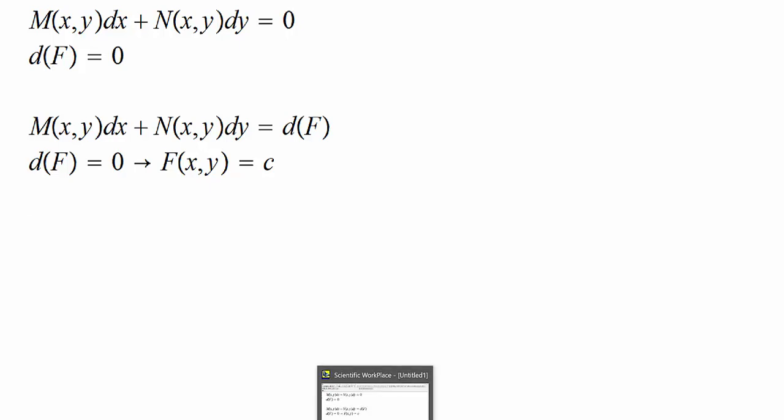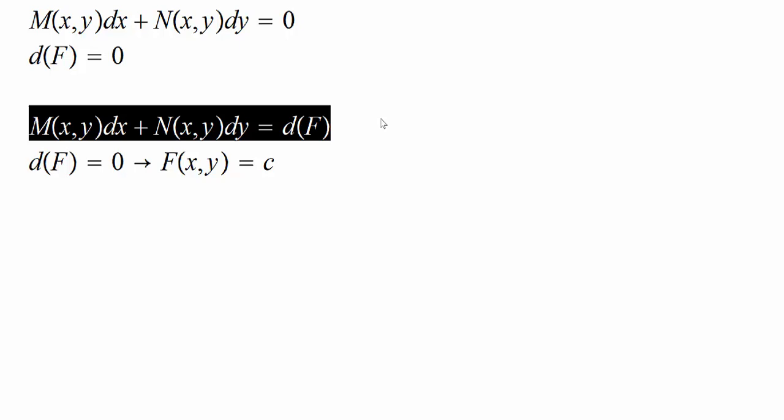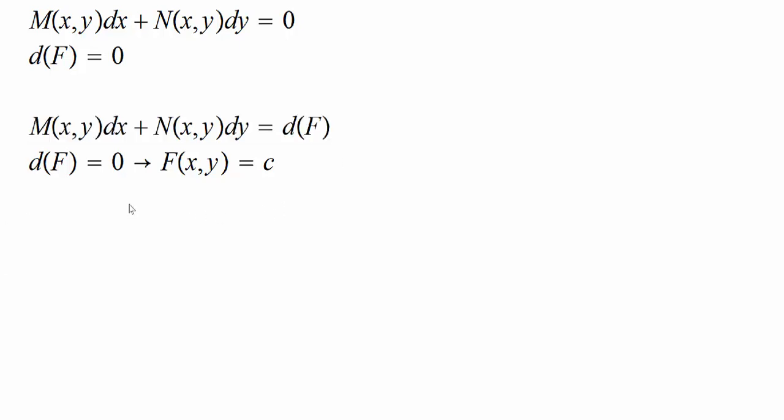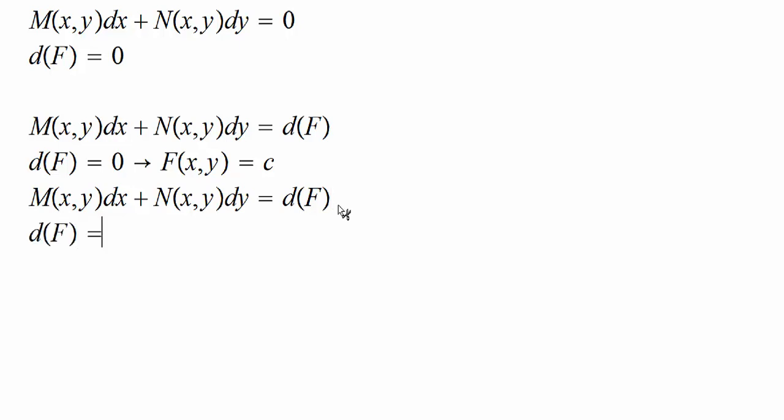If this is the case, that is, the left hand side of our equation is this, then we can recall that the differential of f can be written as the partial derivative of f with respect to x times dx, plus the partial derivative of f with respect to y times dy.